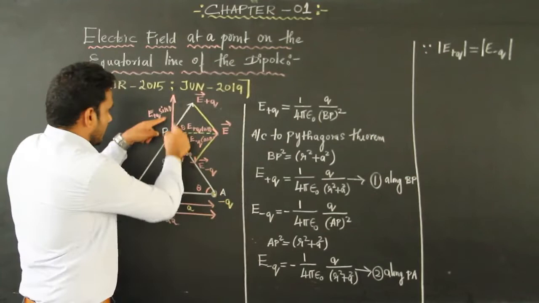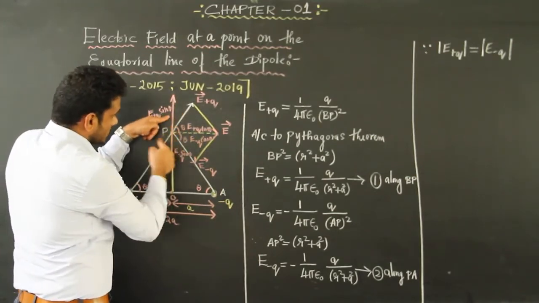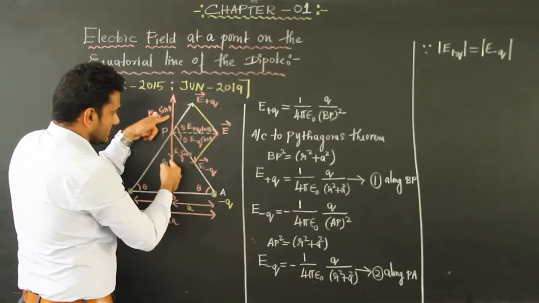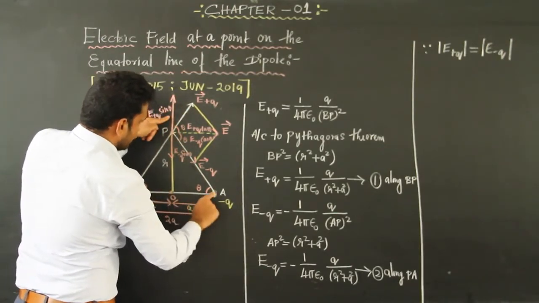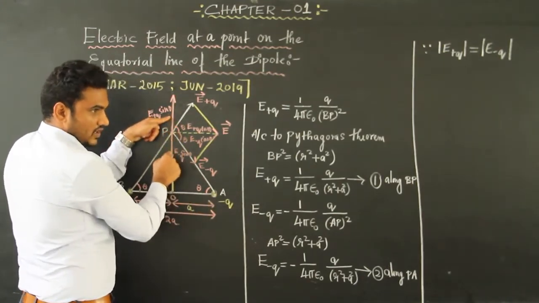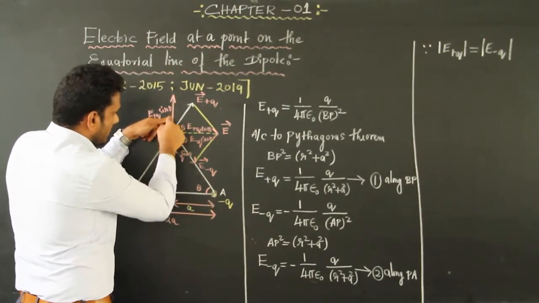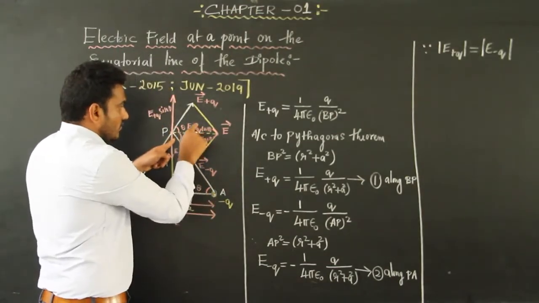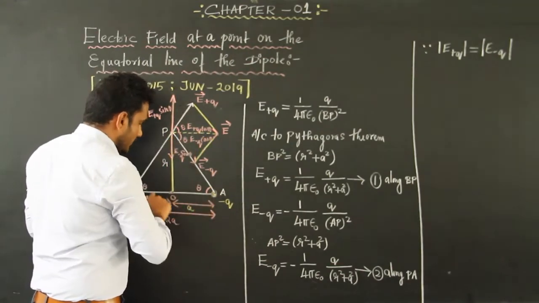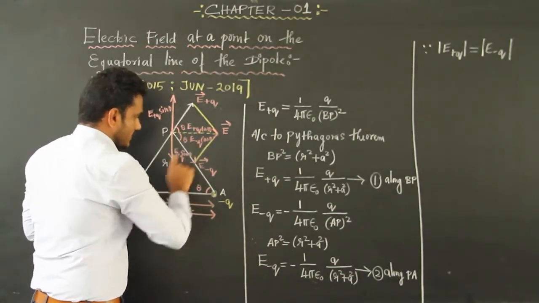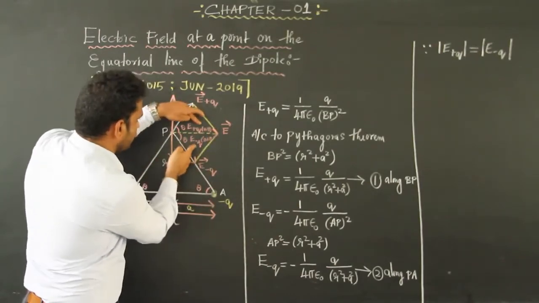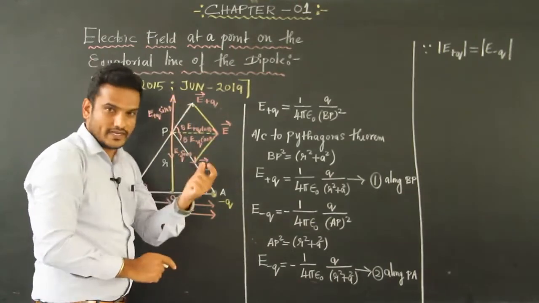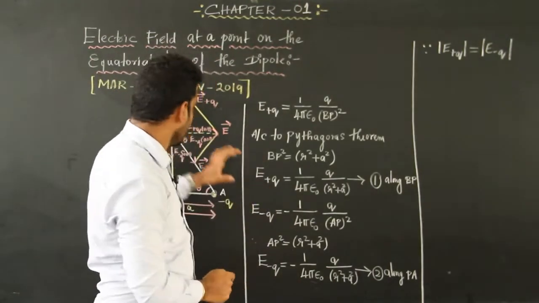The components which are normal to the axis of the dipole, normal is nothing but perpendicular, cancel each other, as they are equal in magnitude and opposite in direction. The components which are along the axis of the dipole, in the same direction, add up. We need to add E plus Q cos theta and E minus Q cos theta to get the resultant electric field at a point P.